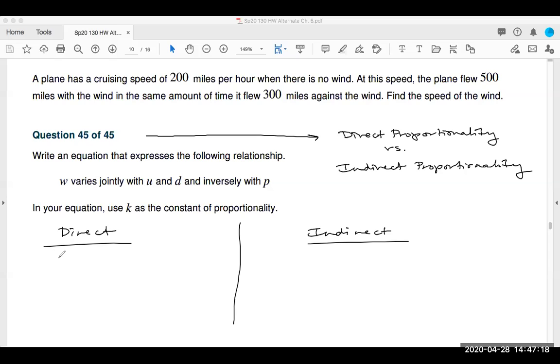Okay, so what we're going to be comparing, we're going to have two, oh gosh, what am I thinking? One second. All right, sorry about that.